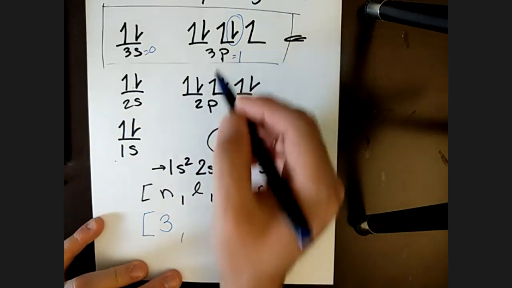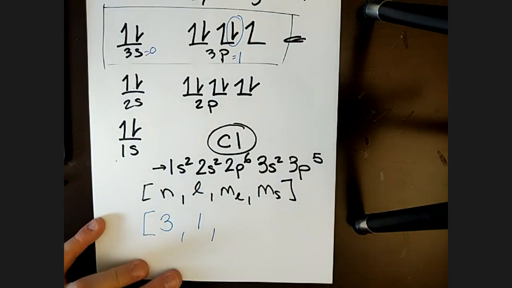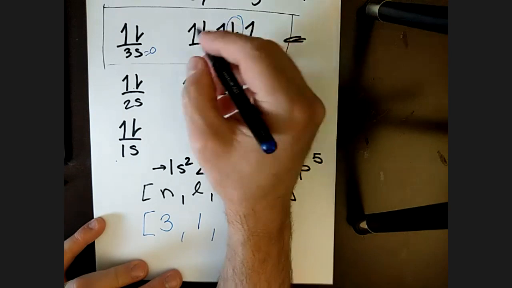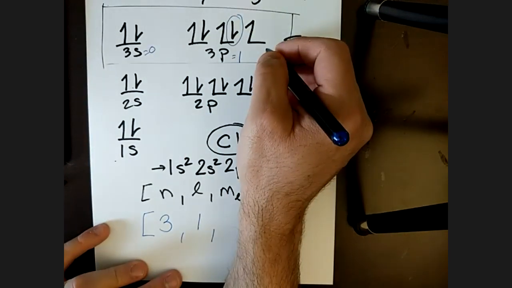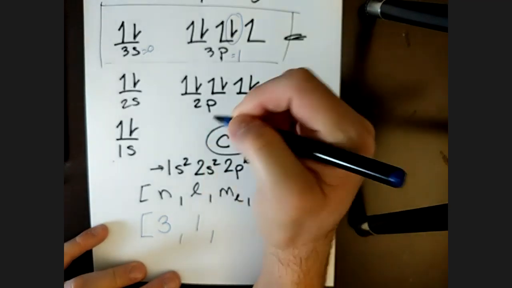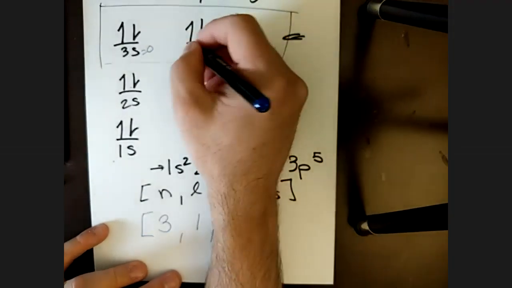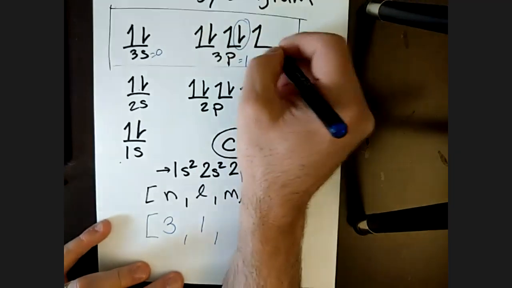So it is in the p orbital, so the L value is 1. The m sub L is which kind of shelf it is on. Again, the m sub L value is the orientation. It's like the x, y, and z coordinates. So it really just depends on what you want to call the orbitals.